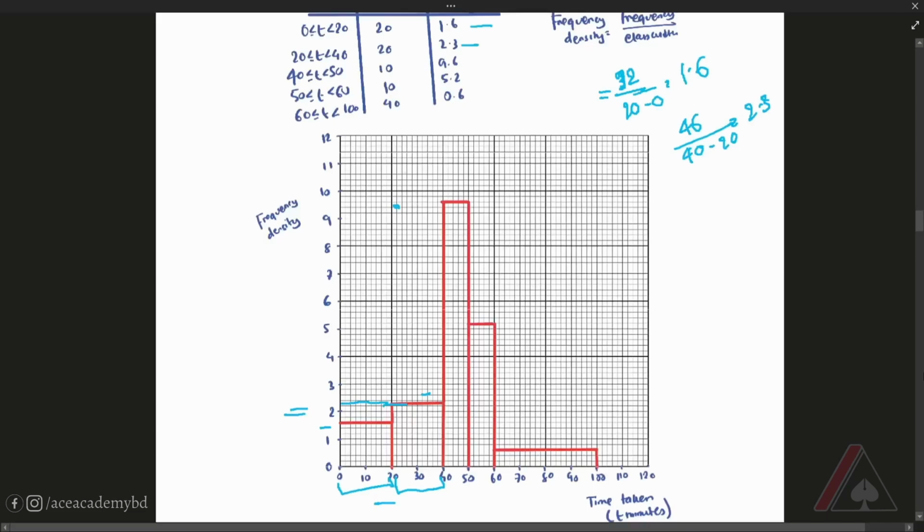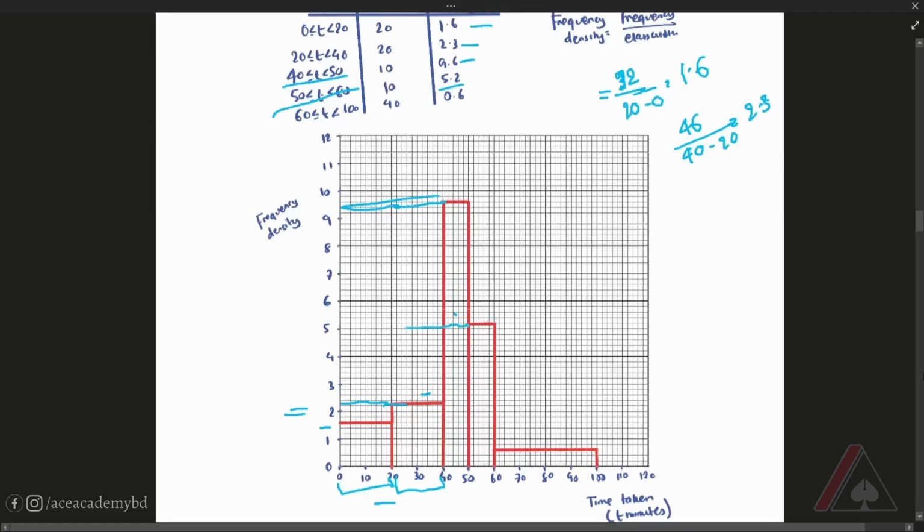So for 40 to 50, we have the frequency density 9.6. So we put a bar on 9.6. From 50 to 60, we have 5.2.